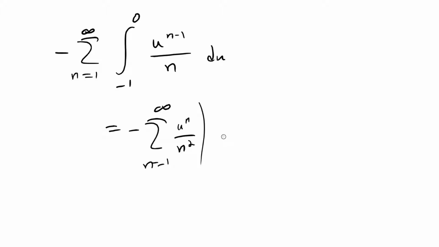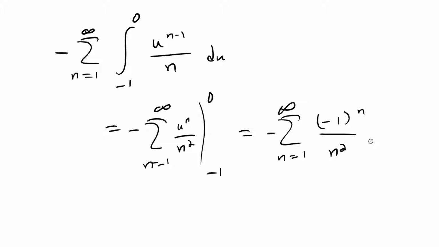By the inverse power rule integral property, and then we'll have this from -1 to 0, which is just equal to, well, we know if we plug in 0, we'll just get 0 for the entire thing. Same as above when we integrated the geometric series. So what we have left is the sum from n equals 1 to infinity of -1 to the n over n squared.